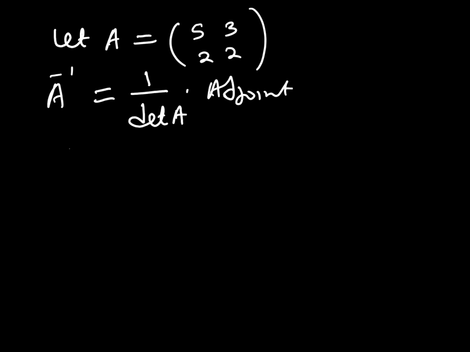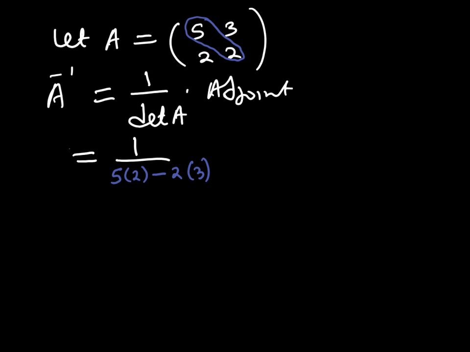So how do we get the determinant of matrix A? This is going to be 1 over, look at the matrix we have here. This is the principal diagonal. The determinant is the product of the principal diagonal, which is 5 times 2, minus 2 times 3.